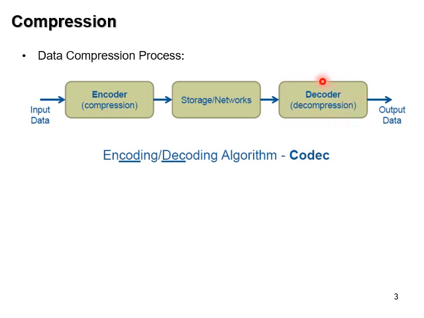And this is done using a decoder. Okay, so we have the encoder that does the compression and the decoder that does the decompression. So the encoding-decoding algorithm, the one that compresses and then does the reverse afterwards, is called the codec, where the COD comes from encoding and the DEC comes from decoding, so you get the term codec.